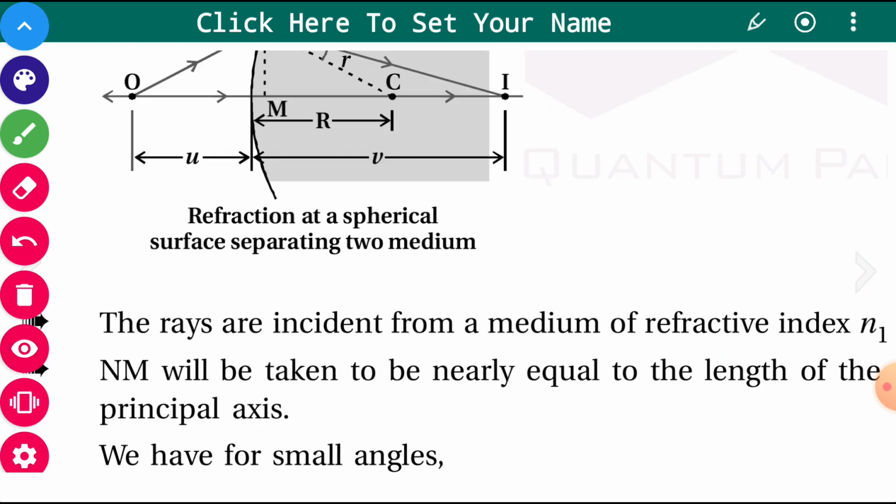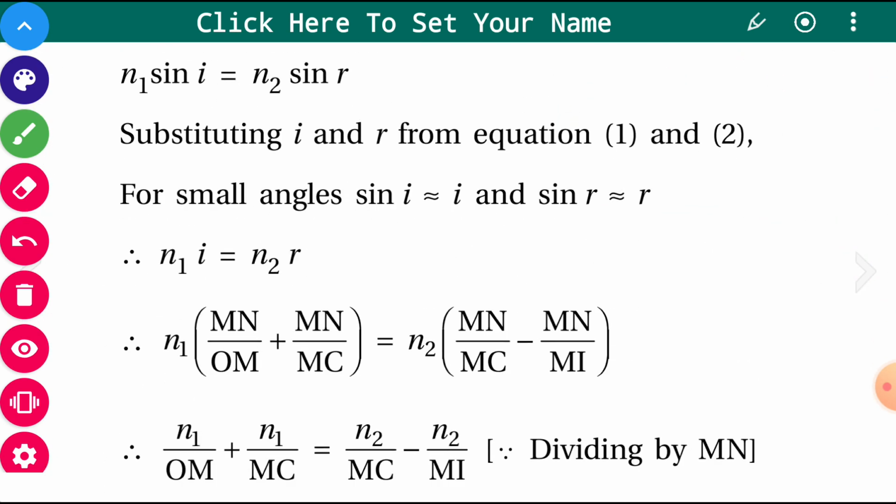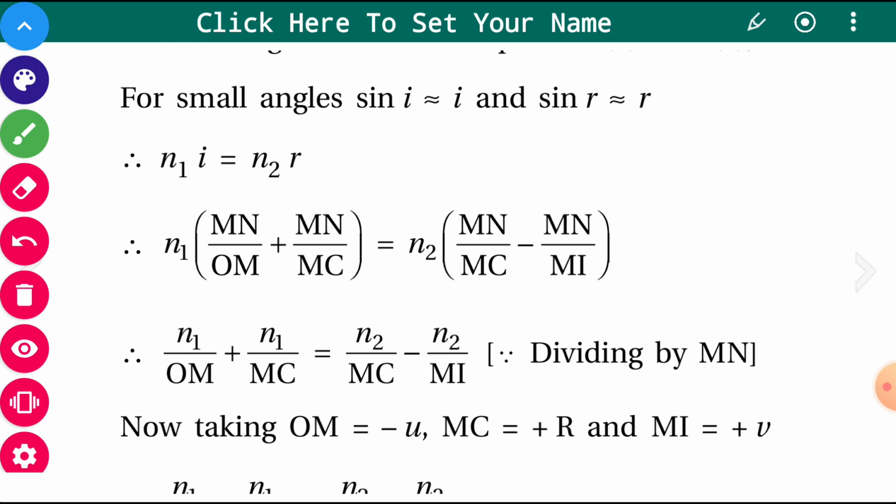Instead of i we write MN upon OM plus MN upon CM, is equal to n2 into r.